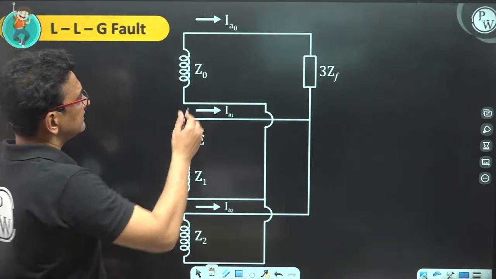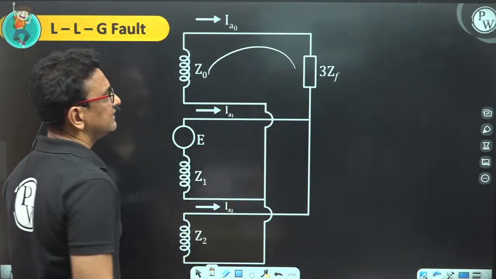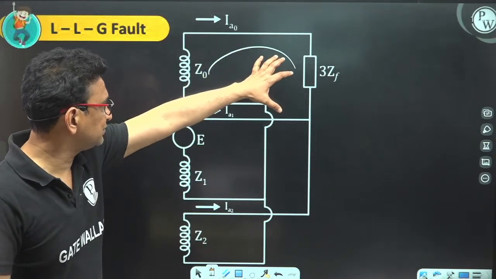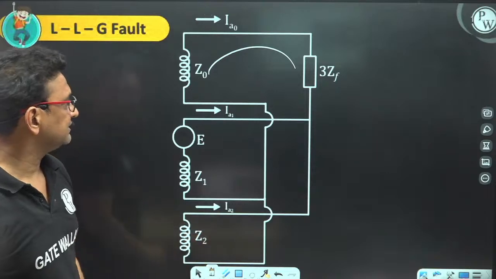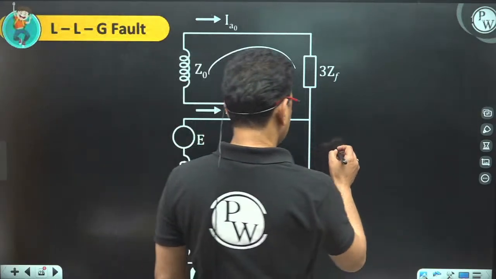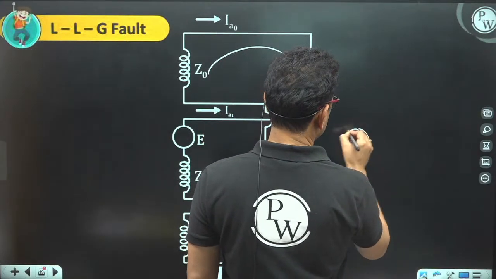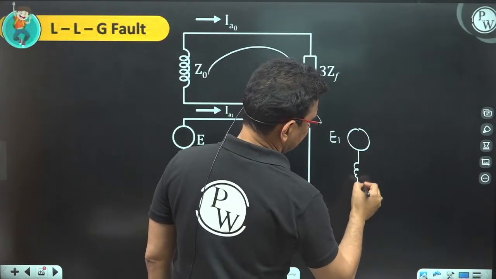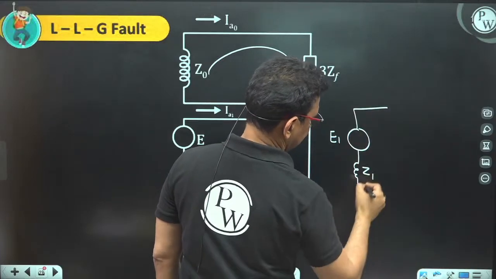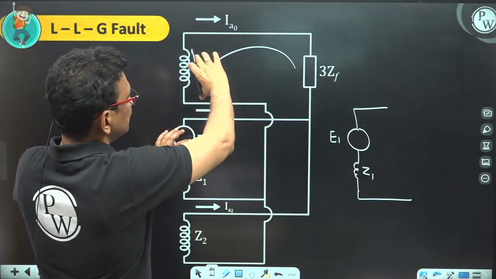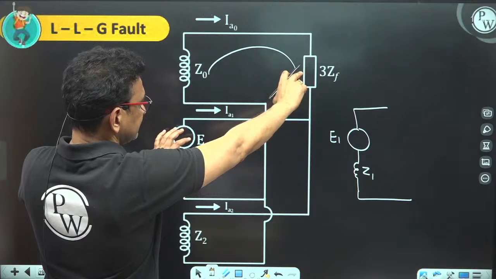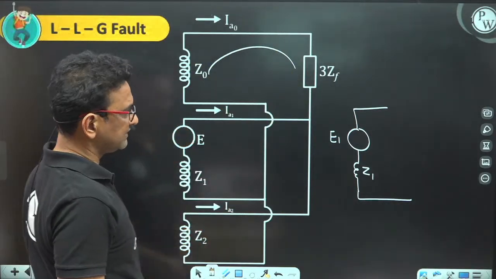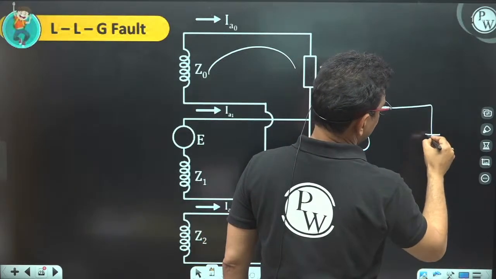So you can say Z0 and 3ZF are connected in series, and these two are connected in parallel with Z2. If I draw a positive sequence network E1 and Z1, and combine these, Z0 and 3ZF are in series, and the combination of these two is connected in parallel with Z2.